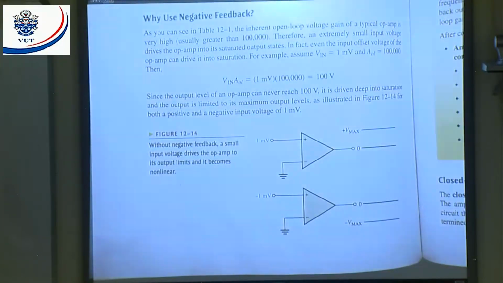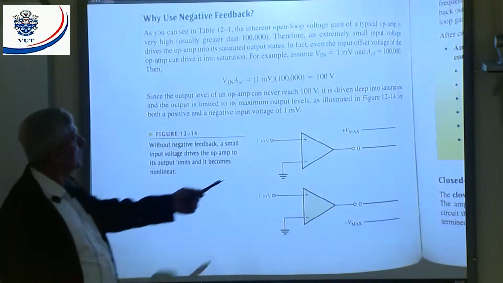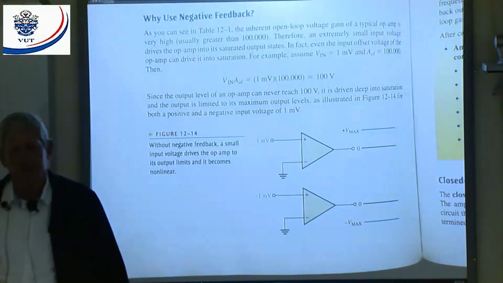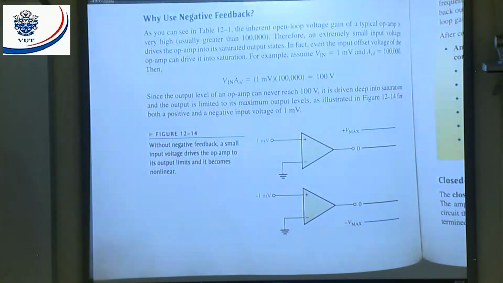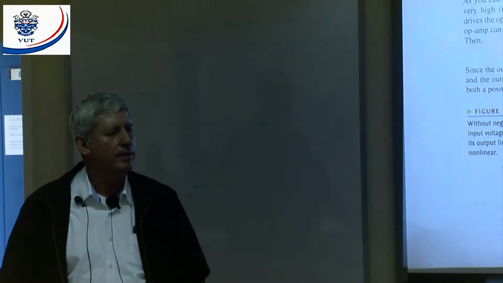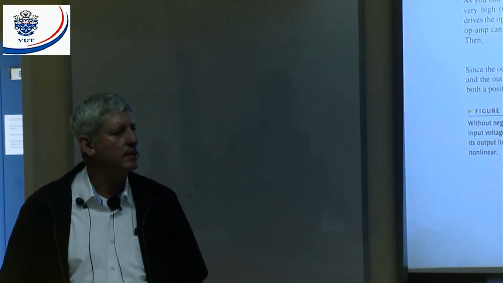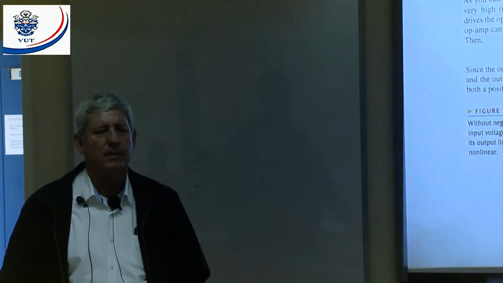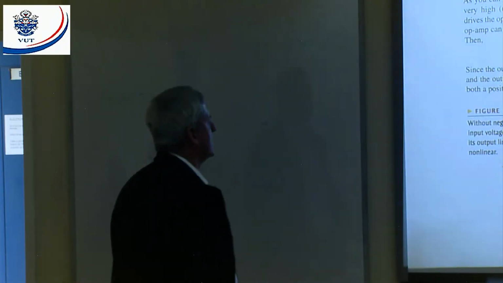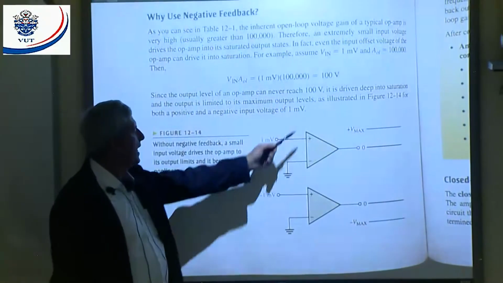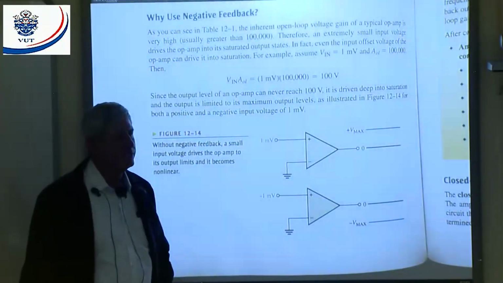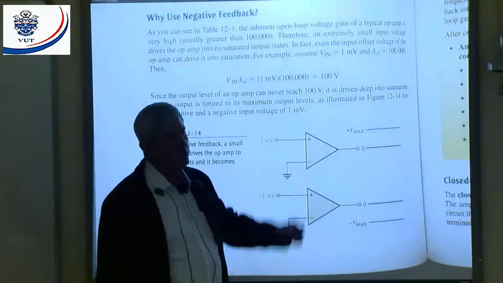Now, what will determine the maximum output of the op amp? The supply will determine the maximum. That means if I had a supply of plus 15, minus 15, it will only go to plus 15.